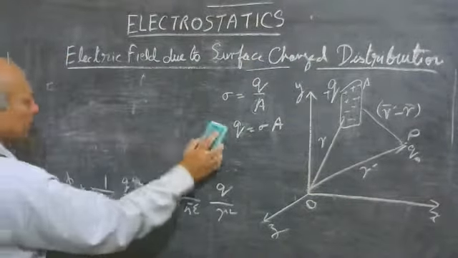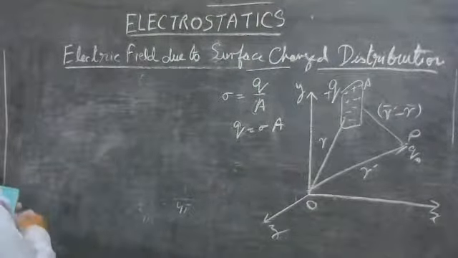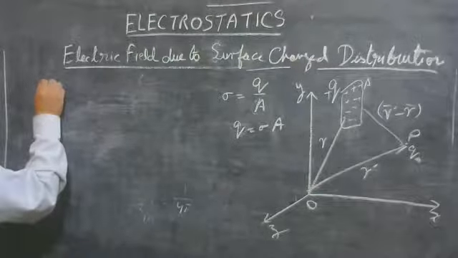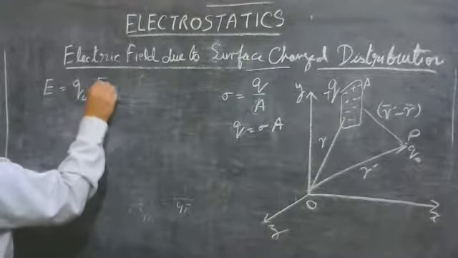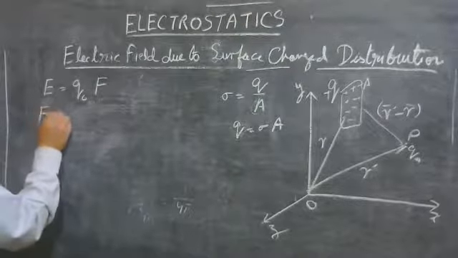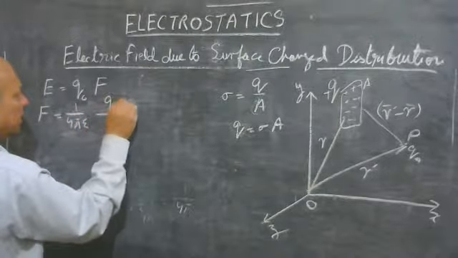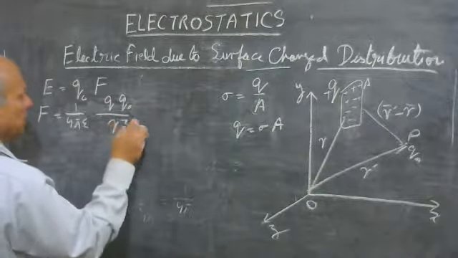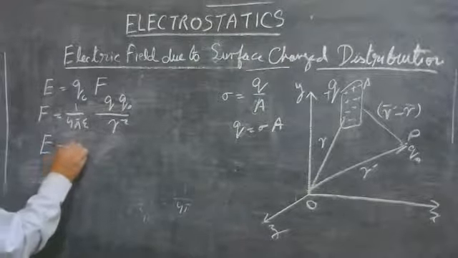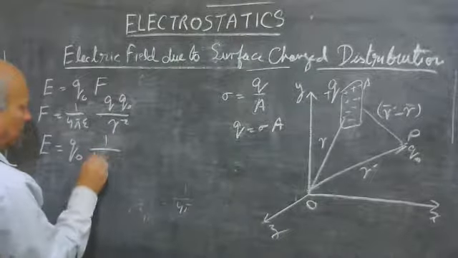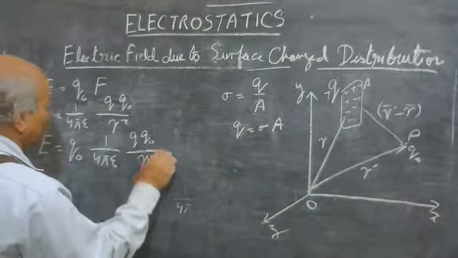Now in this case, we know electric field is equal to force per Q naught, and F is equal to 1 upon 4 pi epsilon naught Q into Q naught upon R square, and electric field E is equal to 1 upon 4 pi epsilon naught Q into Q naught upon R square divided by Q naught.